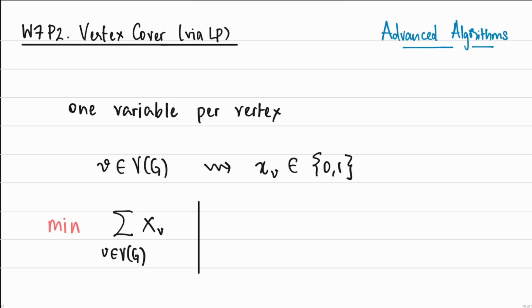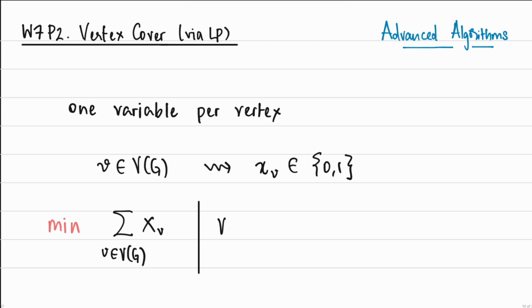We want our constraints to encode what we want from the set of variables that are set to 1. So what we want from the set of variables set to 1 is that the vertices that they represent should correspond to a vertex cover. So this means that for every edge, we would like that at least one of its endpoints correspond to a variable that's set to 1.